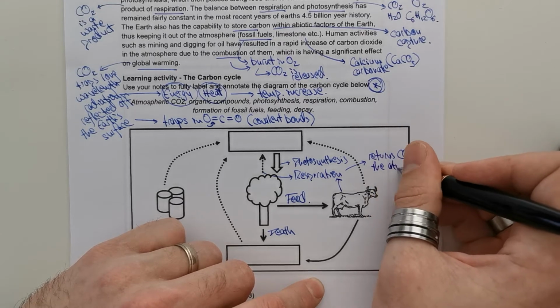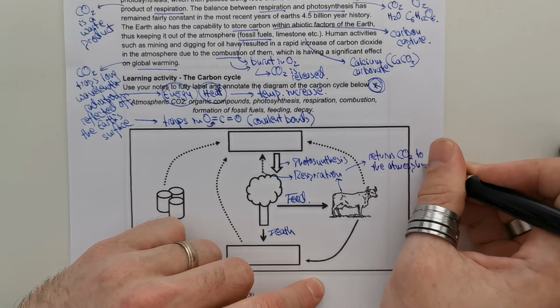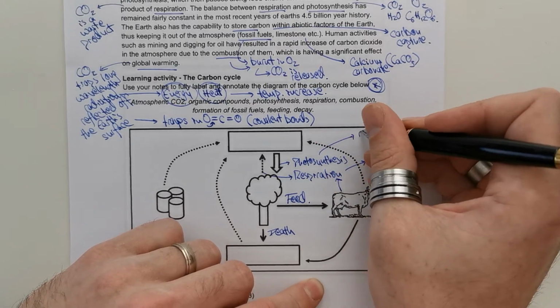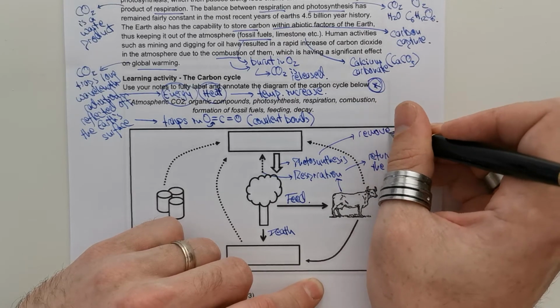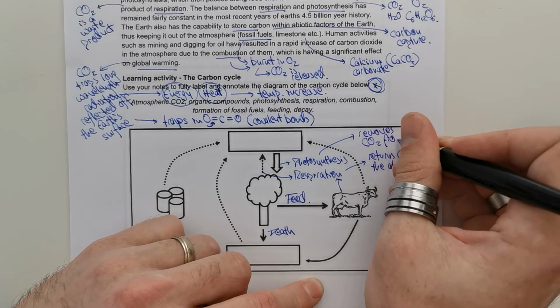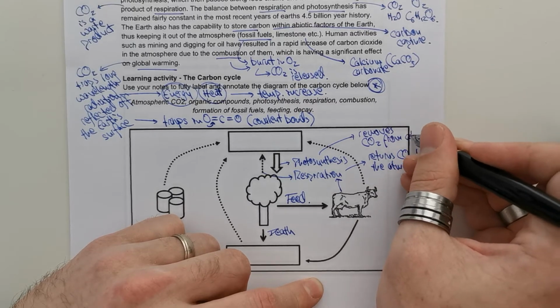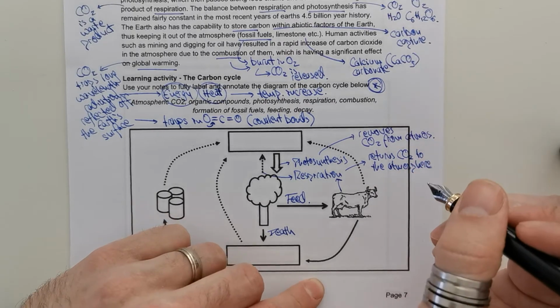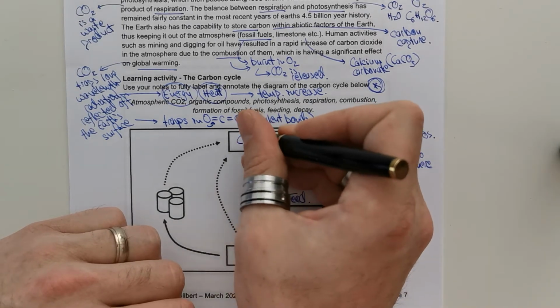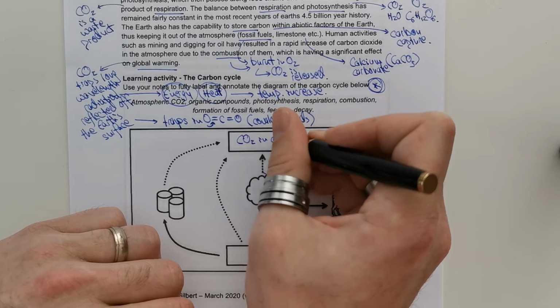So it returns CO2 to the atmosphere, whereas photosynthesis removes CO2 from the atmosphere. Good. Now, we've got lots of CO2 in the atmosphere.